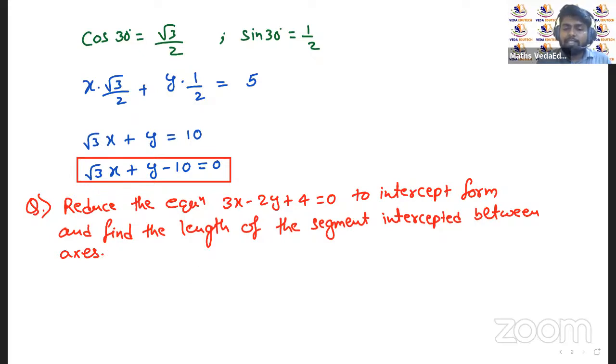We can take 2 minutes to solve this question. First, try to understand what the question is asking. The equation of the line is given, basically the general equation 3x minus 2y plus 4 equal to 0, and we need to write it in the intercept form.